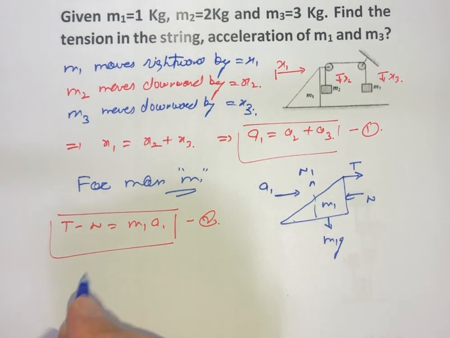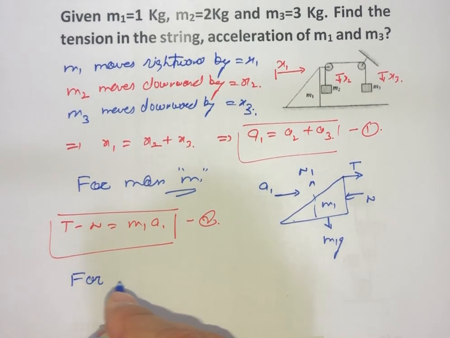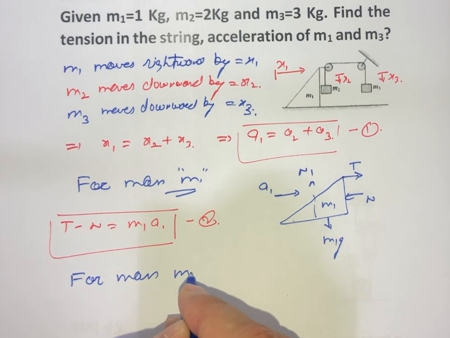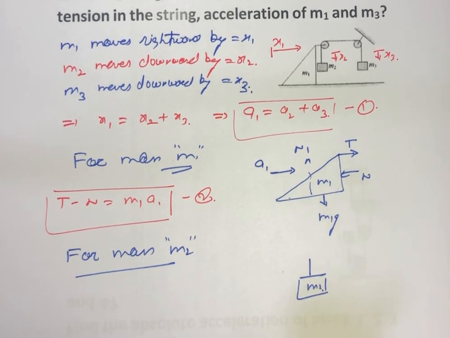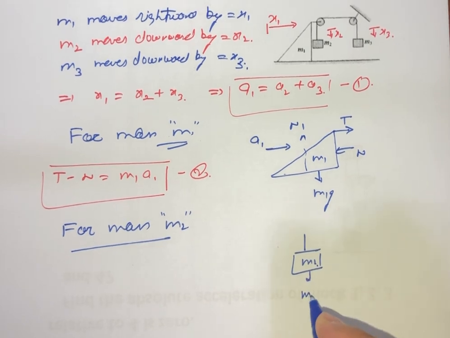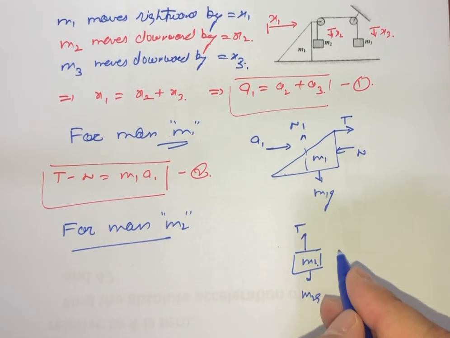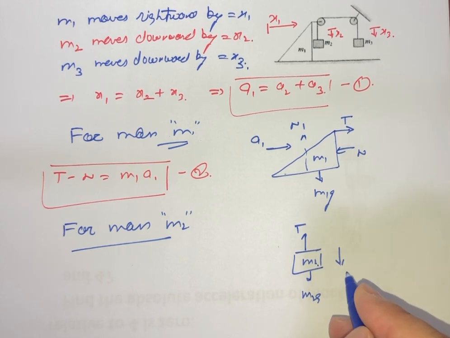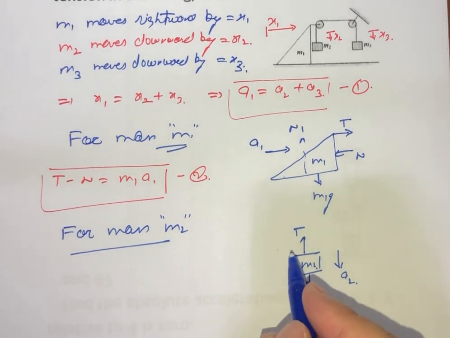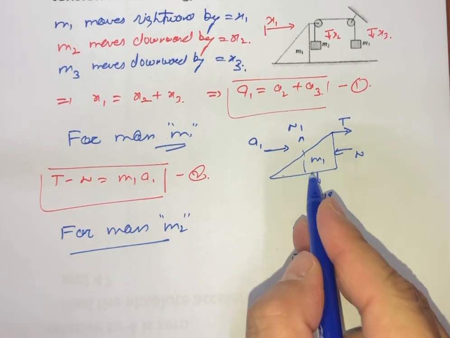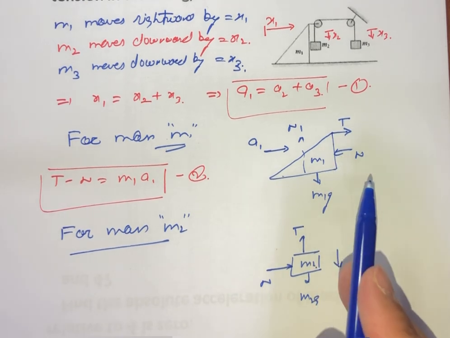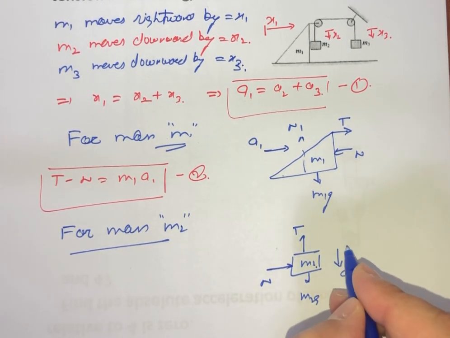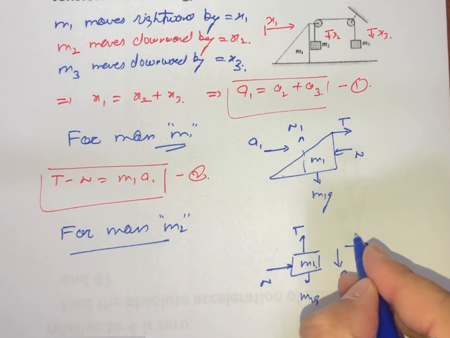So for block M2, this is M2, it is going to have M2g, tension T, and downward direction it is moving with the acceleration of a2, and there is a normal because of M1 and M2 in this direction, N, and it is going to have also a horizontal acceleration, and that will be our a1.